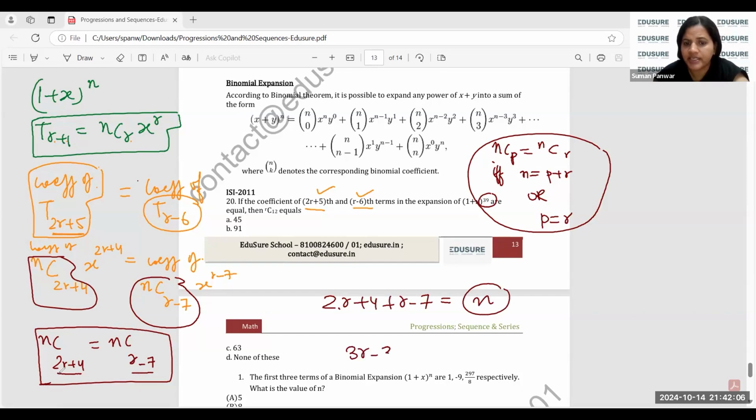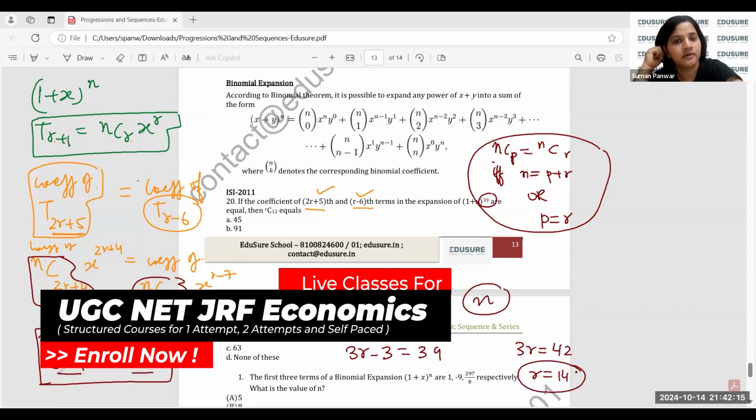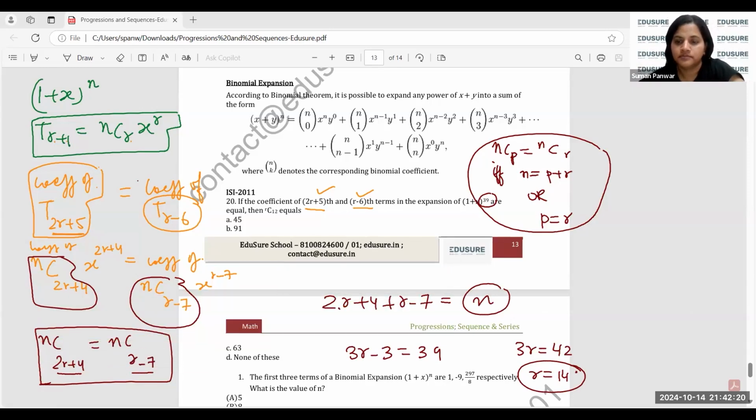So 3r minus 3 is equal to 39, so 3r equals 42, so r equals 14. When I got r equals 14, I put r equals 14 here, so I calculated 14C12 and it came out to be 91.